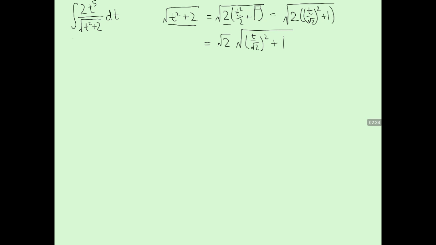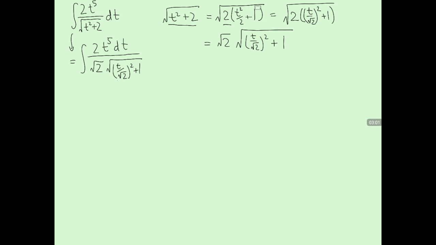So now we can rewrite our integral as the integral of 2 t to the 5th dt over, now this bottom is just what we wrote over here, so it's root 2 times the square root of t over root 2 all squared plus 1.